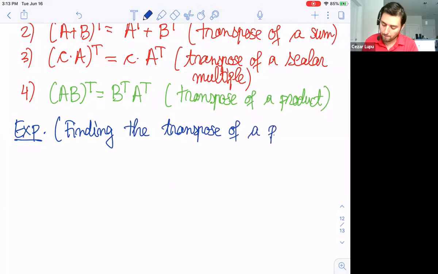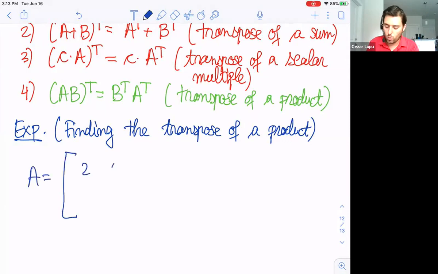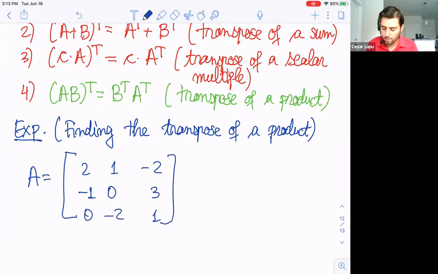The example that I have in mind right now is the following. In other words, let me consider these matrices. A to be 2, 1, -2, -1, 0, 3, 0, -2, 1, and B to be 3, 1, 2, -1, 3, and 0.